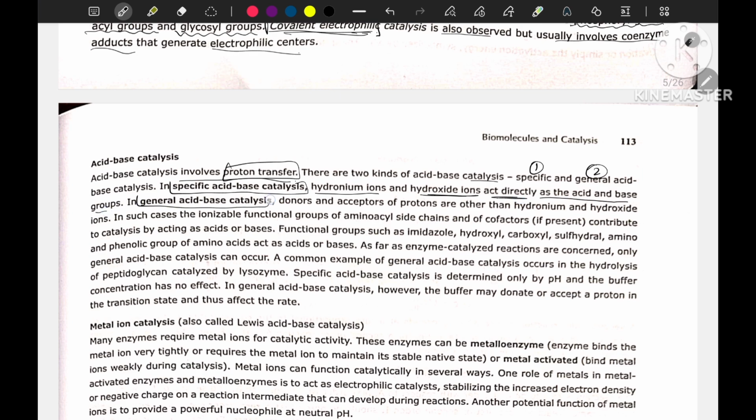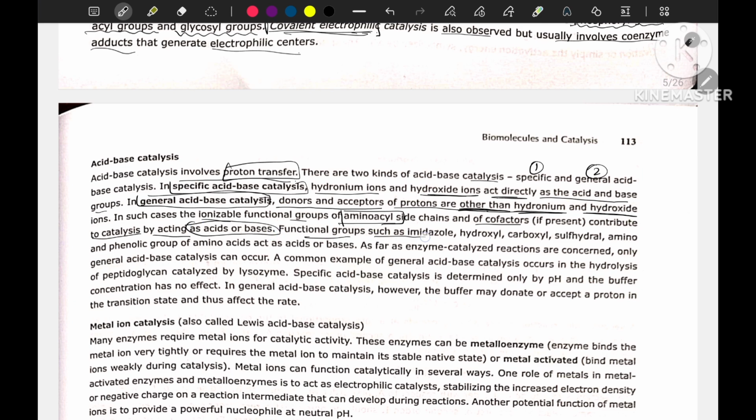In general acid-base catalysis, donors and acceptors of protons are other than hydronium and hydroxide ions. In such cases, the ionizable functional groups of amino acyl side chains and of cofactors, if present, contribute to catalysis by acting as acids or bases.